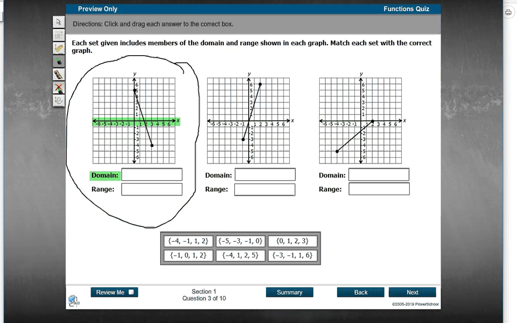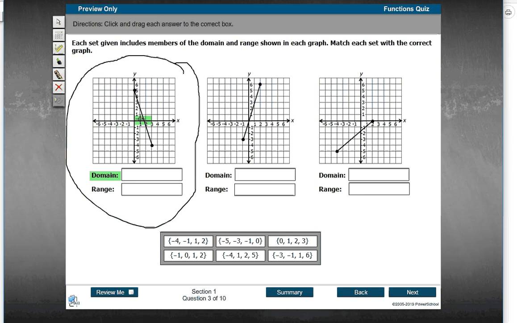Well, I know that my lowest x value is going to be 0, and my highest or furthest x value is going to be 3. The way this is working is you're looking, okay, I am bounded or fenced off.